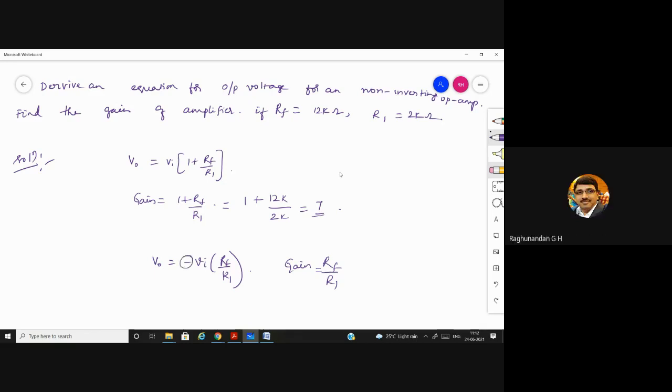So what does this minus indicate? Inversion, phase difference. This kind of problem is purposefully asked because they know that students will make mistakes in taking minus Rf by R1. So don't take the minus unless they are asking you to find the output voltage; only then do you need to take the minus.